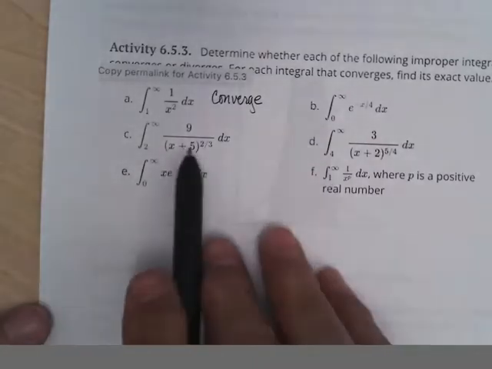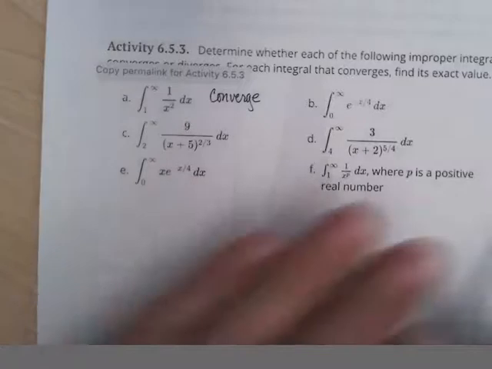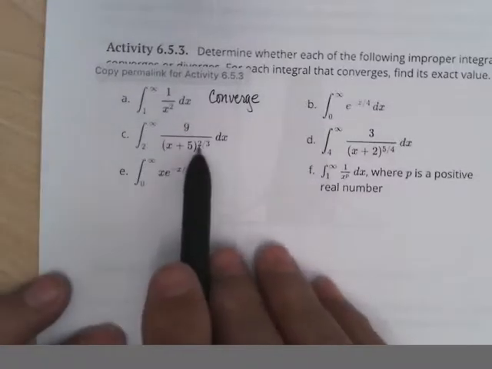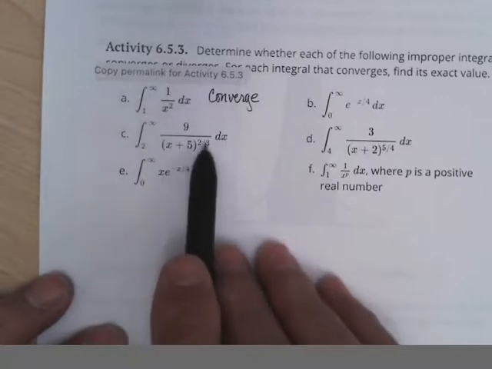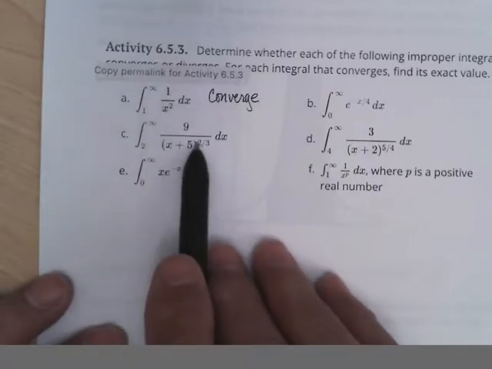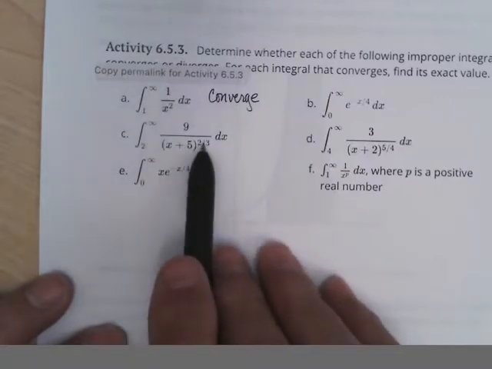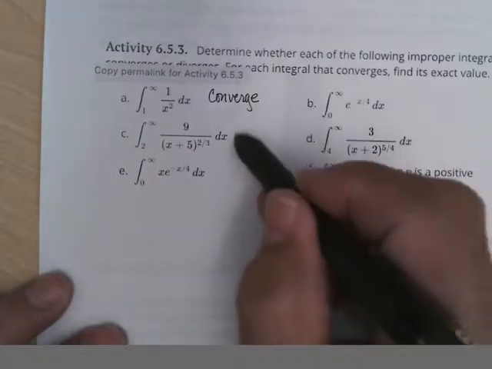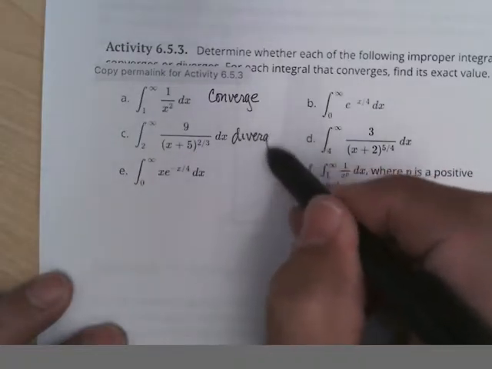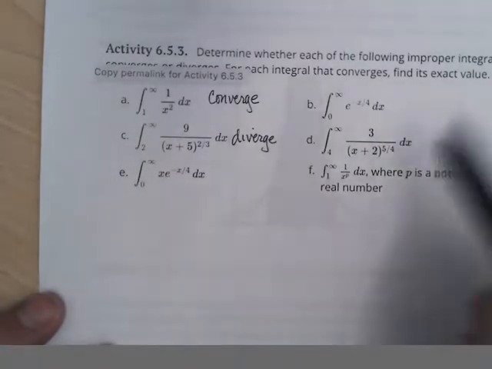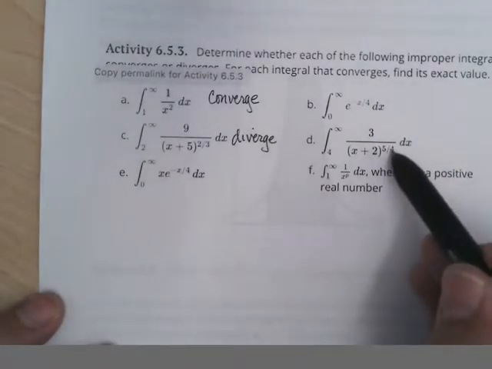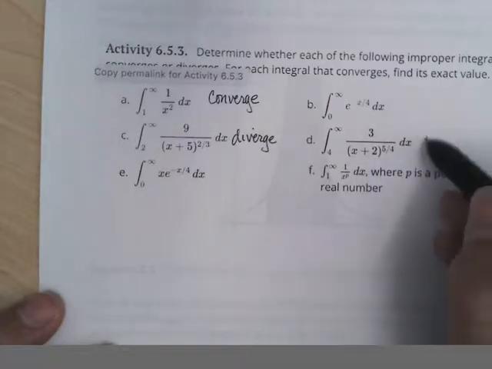This one, even though it's got plus 5, which shoves it sideways, as you go to infinity, this is 2/3, and 2/3 is a smaller power than 1, so this one will diverge. And we can go through and work these out, but that's what's going to happen. This one, which is bigger than 1, makes this denominator larger, so this one will converge.